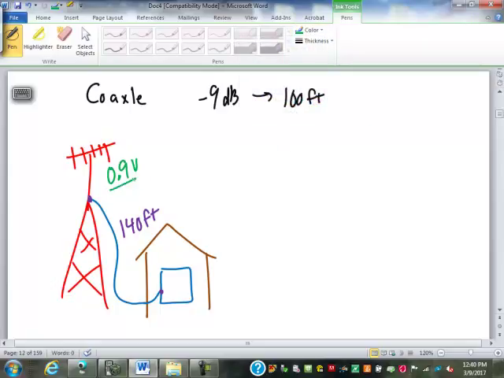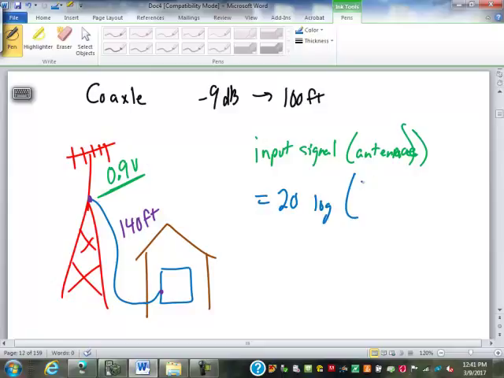First of all, we're going to convert this input signal into dBmV. So the input signal, or is the antenna. The number of dBmV is going to be 20 times the log.